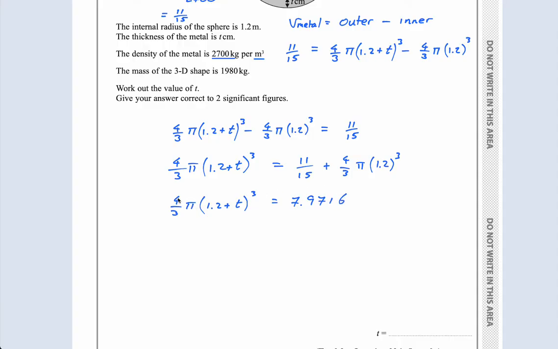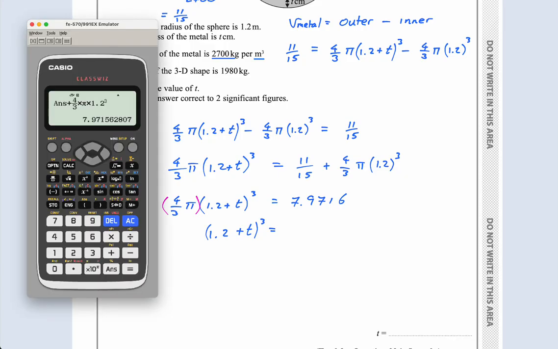Okay, now the 4 over 3 and the pi, let's remove that. So think of this as just a number. This is a constant. So I can divide both sides by this. So 1.2 plus t cubed equals this divided by 4 over 3 pi.